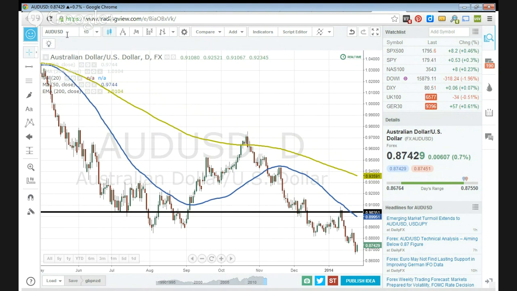Here, yeah, just need that pullback. Aussie dollar is clearly in a downtrend. I still remember shorting here, not getting filled, unfortunately. But there may be an opportunity to short at 88.45. Let me at least add that line in here.